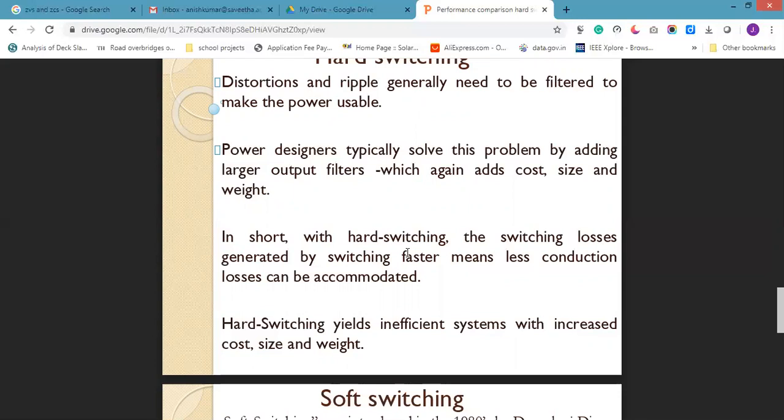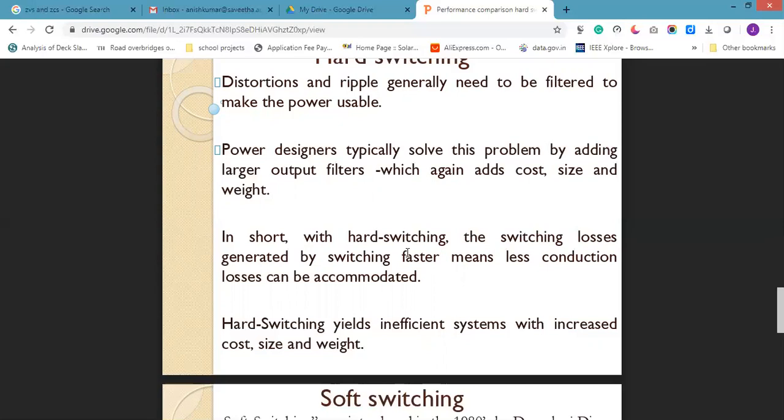For that we need a filter, so you have to design a filter. When you add a filter to the circuit, the cost, the size and weight of the circuit increase.